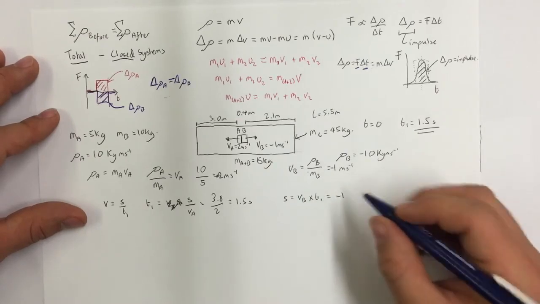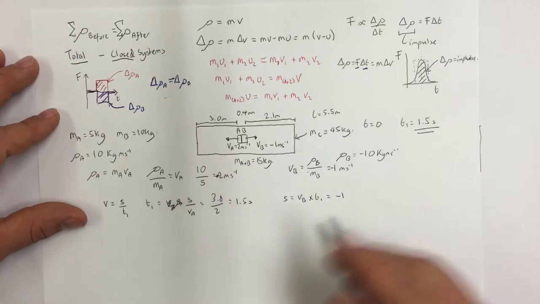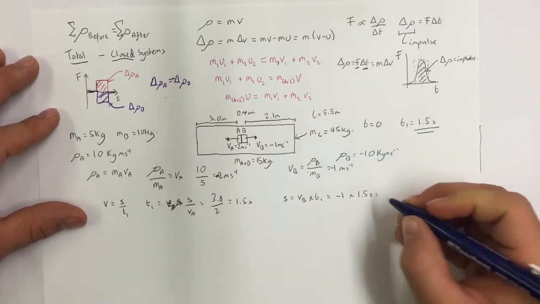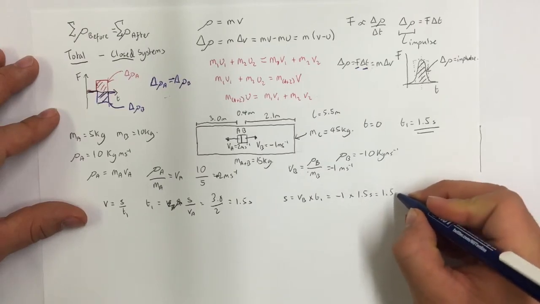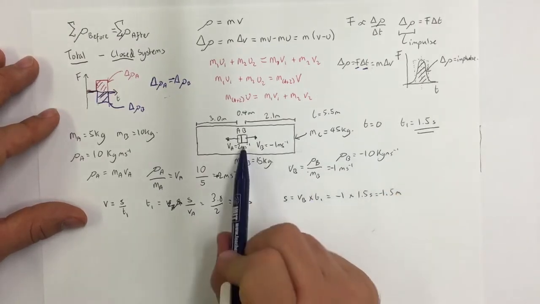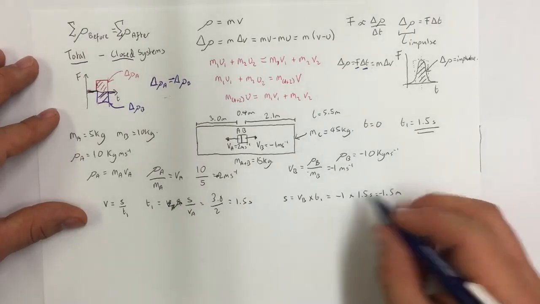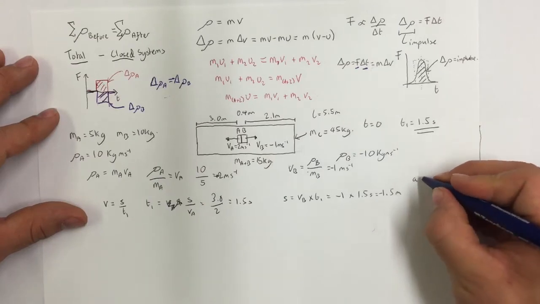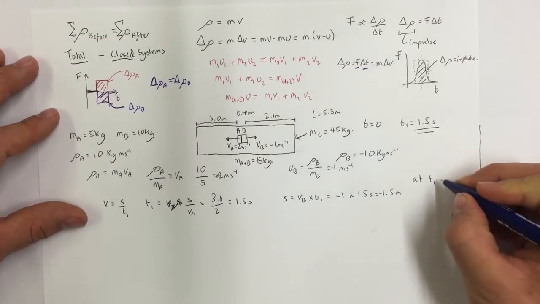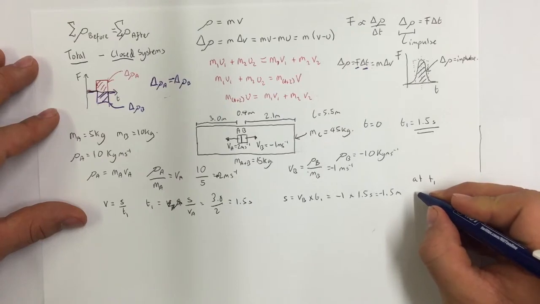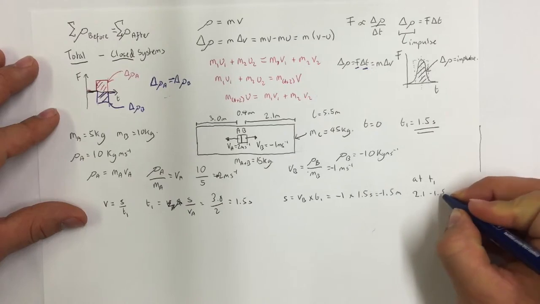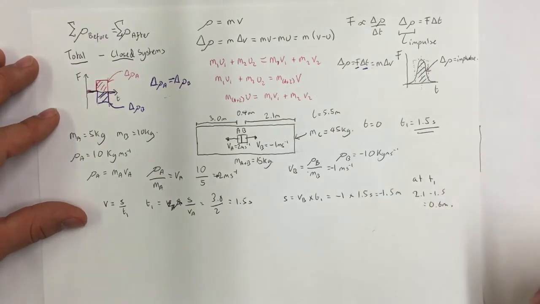So that's minus 1 multiplied by 1.5 seconds, which gives me a displacement of minus 1.5 meters in this direction. And then since it had 2.1 meters to go, at time t1, the distance it's still got left to go is 2.1 minus 1.5, which is 0.6 meters. So that's how far it's got left to go.